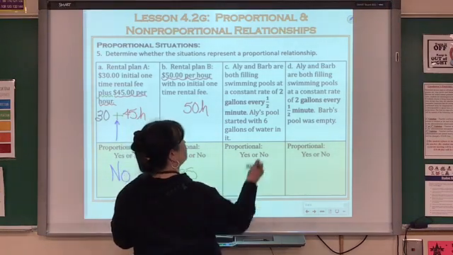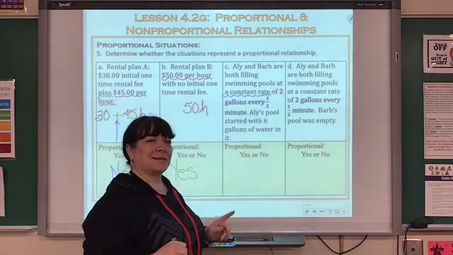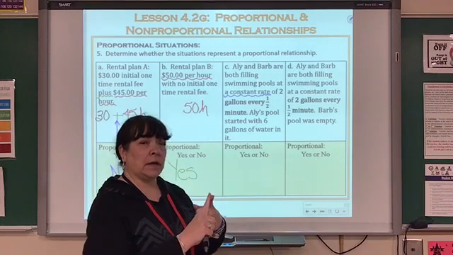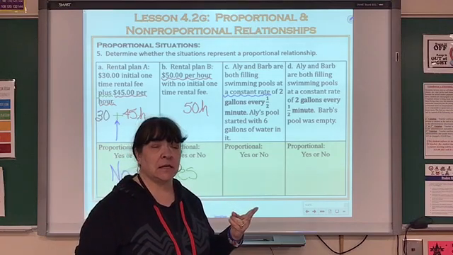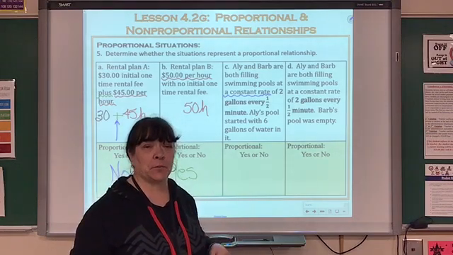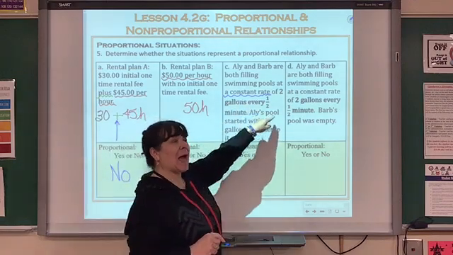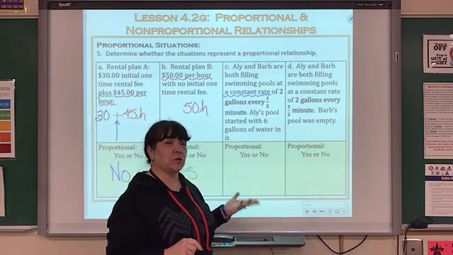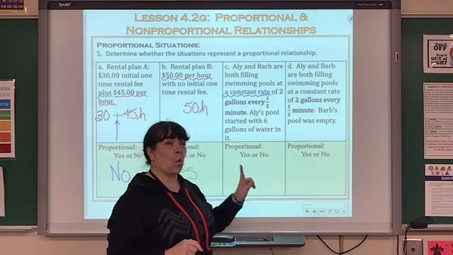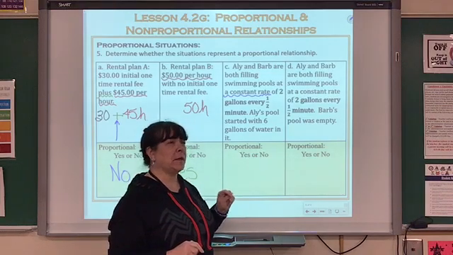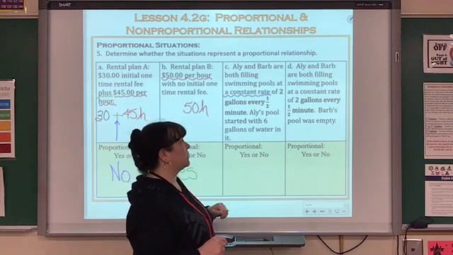So the fact that we see a constant rate gives you a hint that 1, there's a unit rate, and 2, it's constant, so there will be a constant of proportionality. Now this one is 2 gallons every half minute. If we were to look for the unit rate, we would need it for 1 minute, which would be 4 gallons every minute, or 4 gallons per minute.